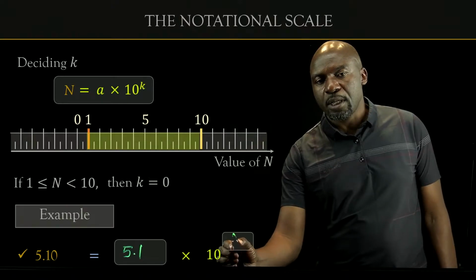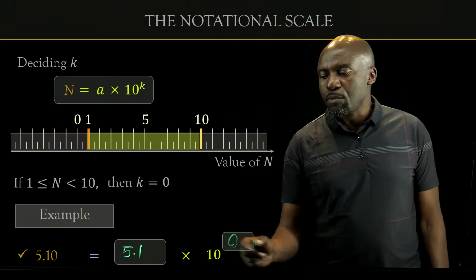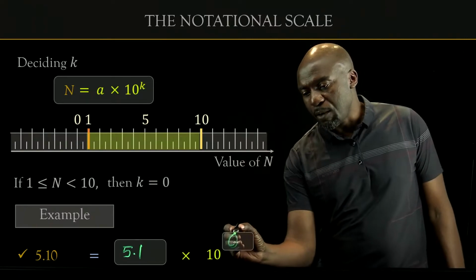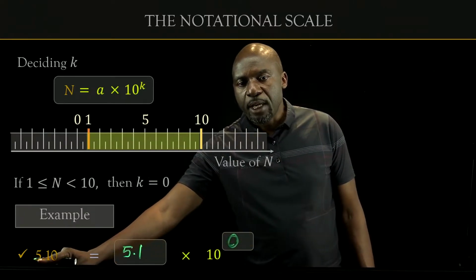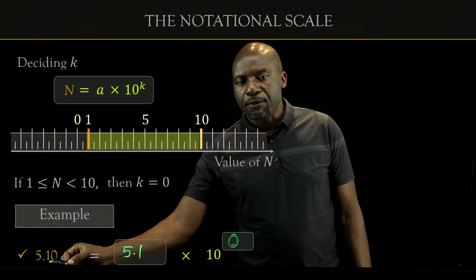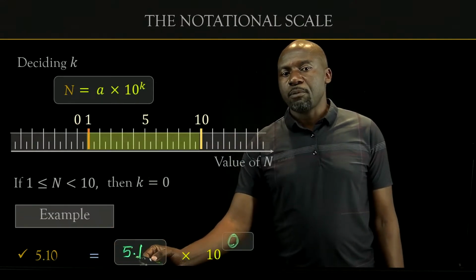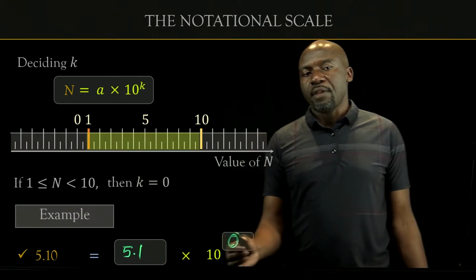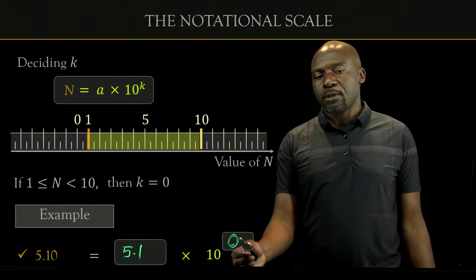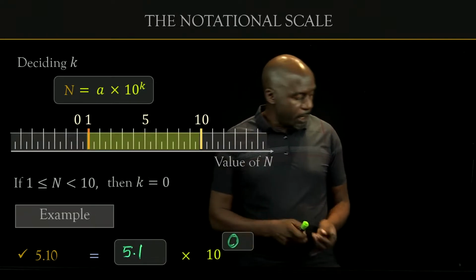And why 10 power 0? Because the decimal point has not moved anywhere. The decimal point of the number n is lying between 5 and 1, and here is also lying between 5 and 1, so it has not shifted any number of steps, and therefore we write 0 number of steps. Okay, like that. Let's see another one.